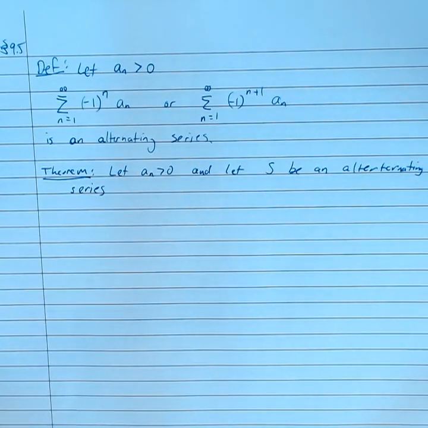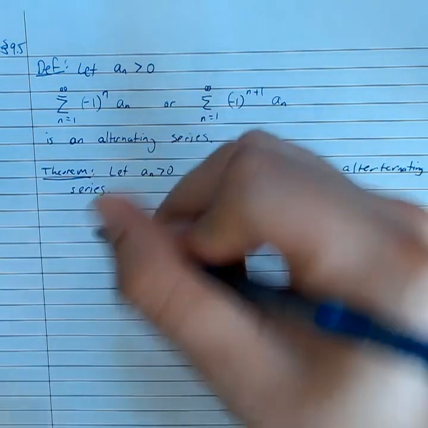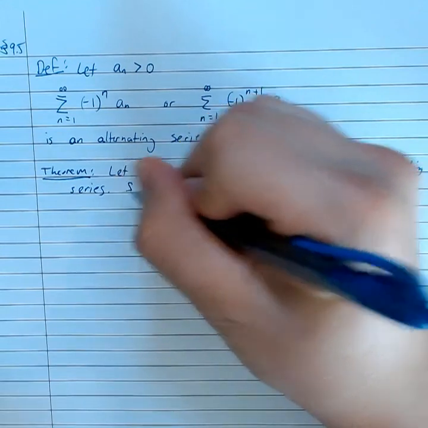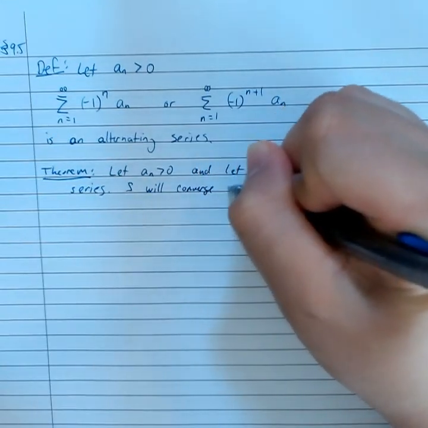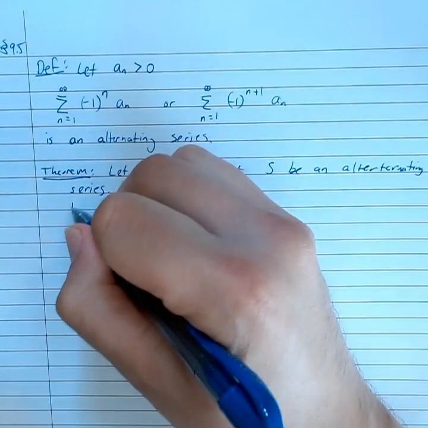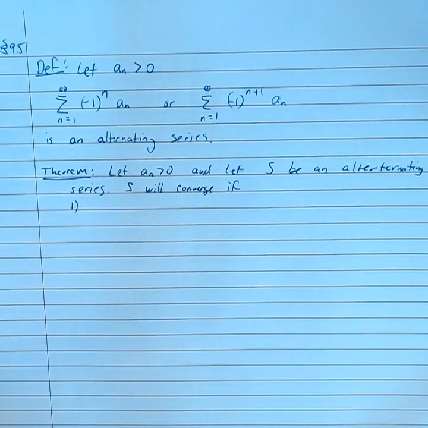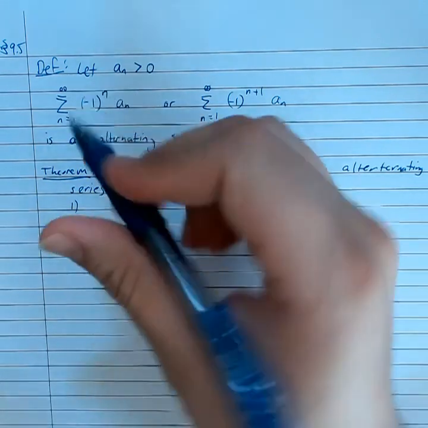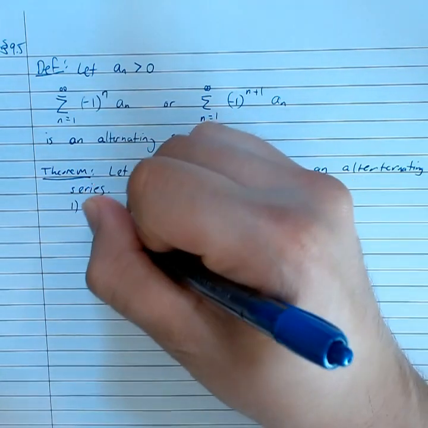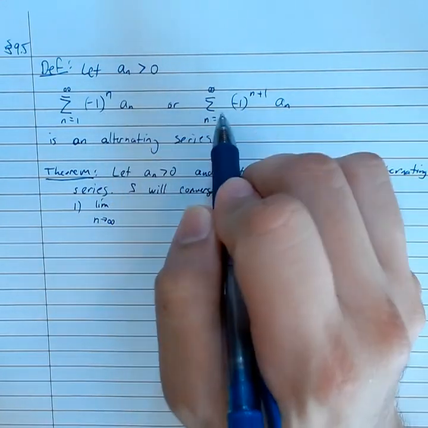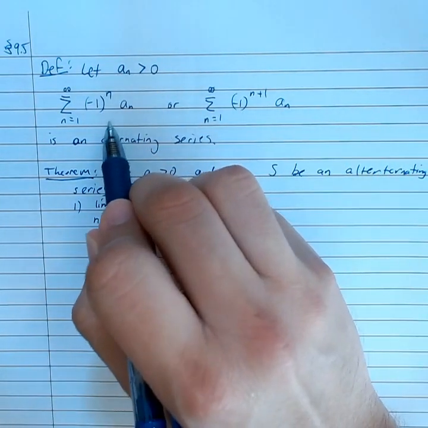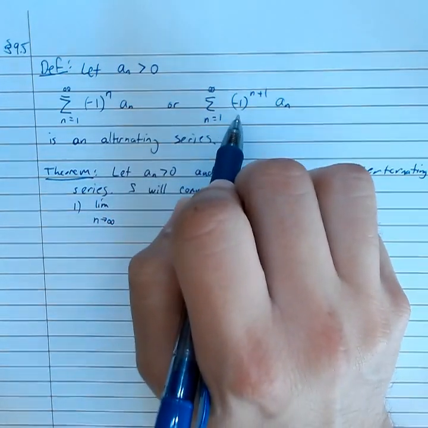These series, either one, will converge when we have the following two conditions. S will converge if the following two things are true. One, we do need the limit of these terms to approach 0. So the limit as n approaches infinity of the a sub n term. That doesn't include that plus or minus, although we'll see in a moment that even if it did include it, it wouldn't really matter.